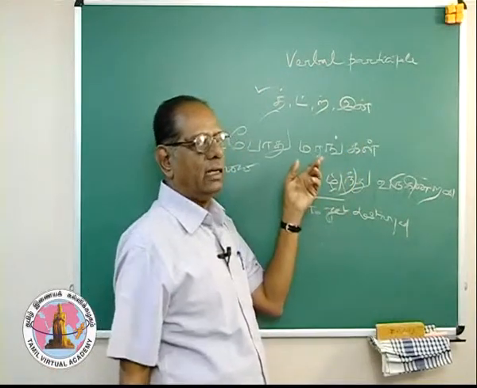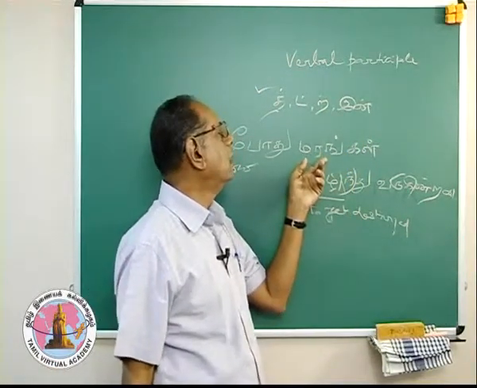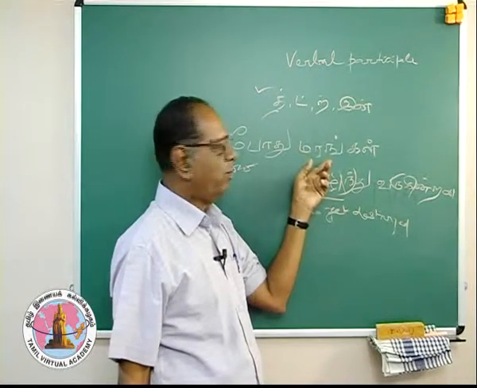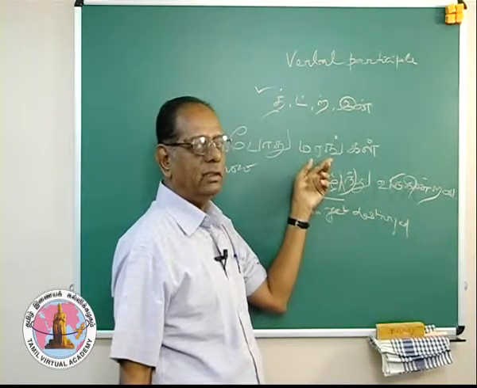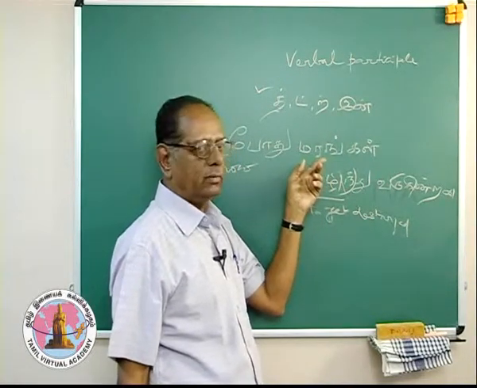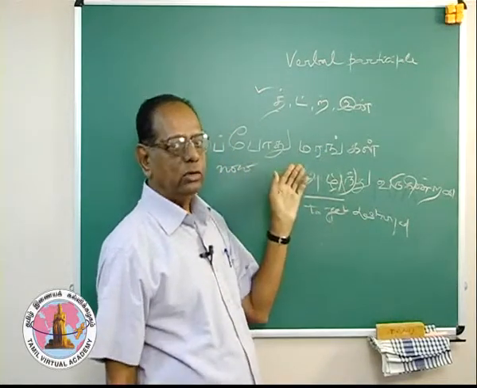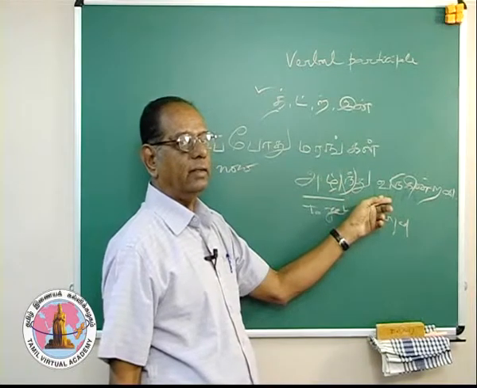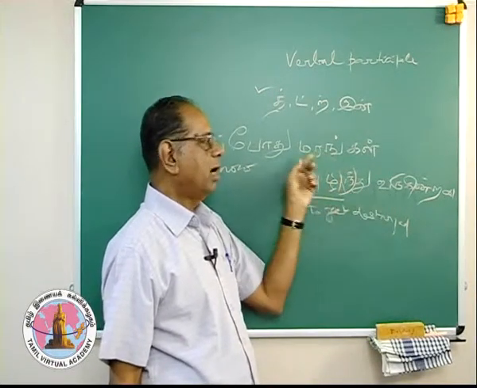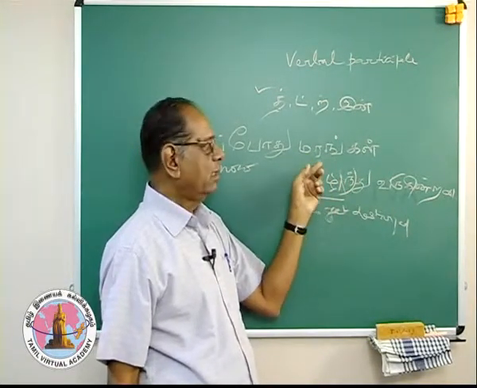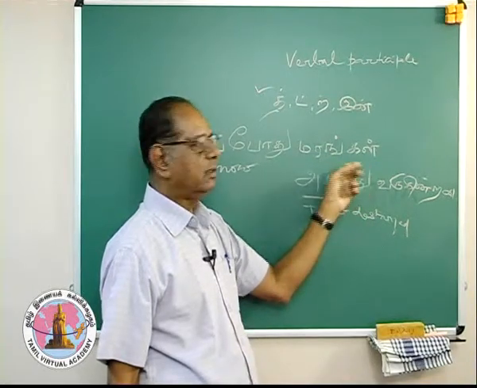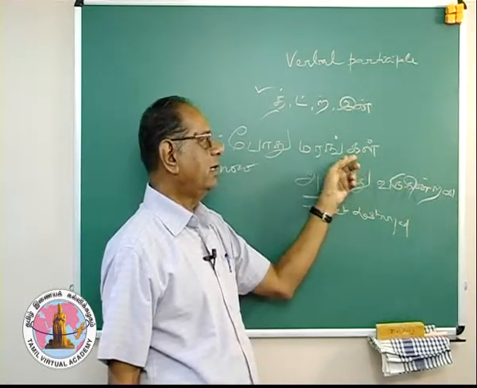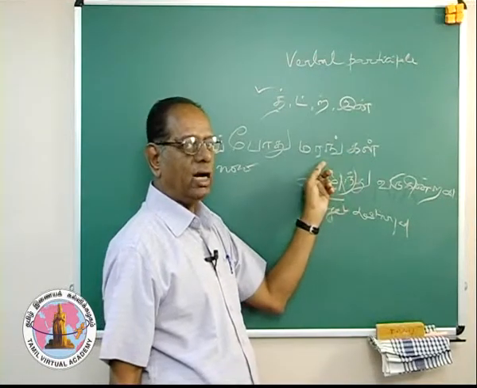I brought in another noun replacing the காடுகள். இப்போது மரங்கள் அழிந்து வருகின்றன. மரம் is a tree and I added the plural suffix மரம் plus கள் மரங்கள். You find a change here.